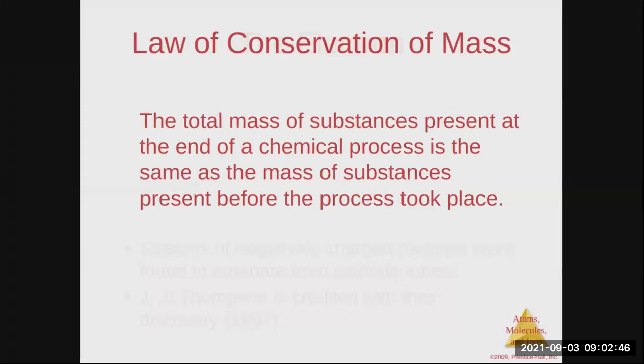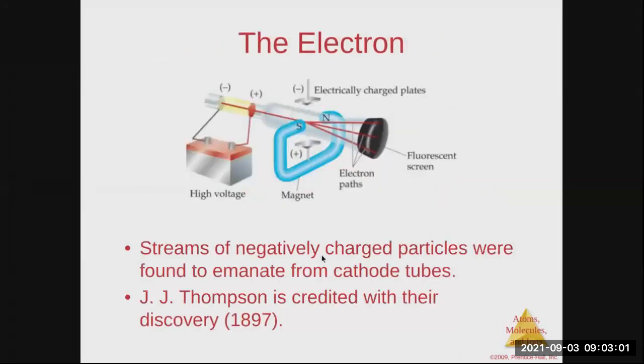Now, J.J. Thomson did a number of studies, and what he found was that when we passed a gas through a certain setup, and within the setup, we have a high voltage current going through, we have a fluorescent screen, which is going to collect or detect material, and we have a magnet.